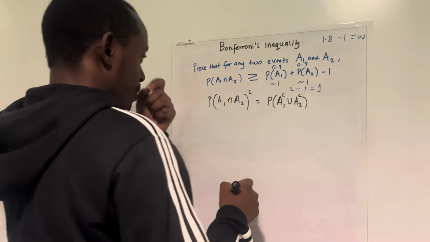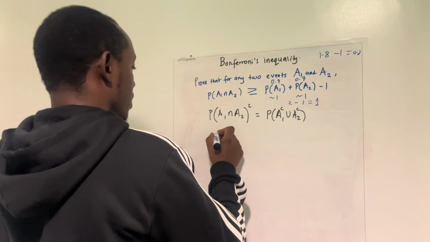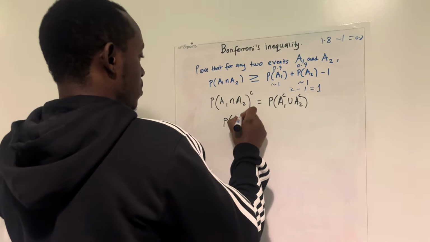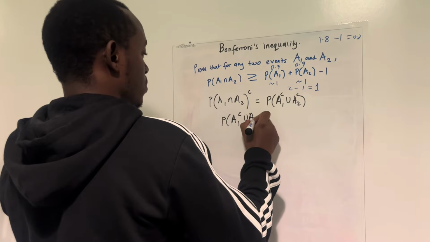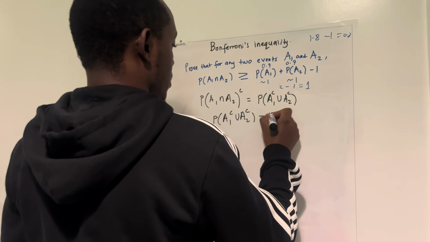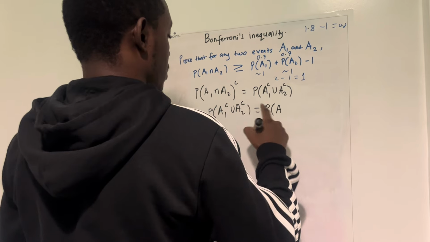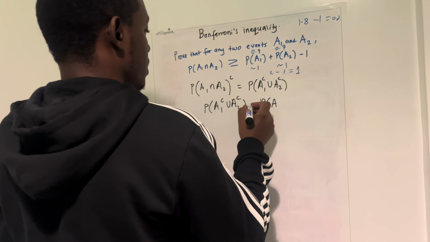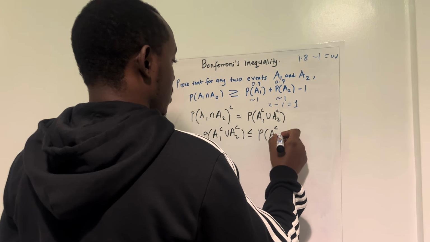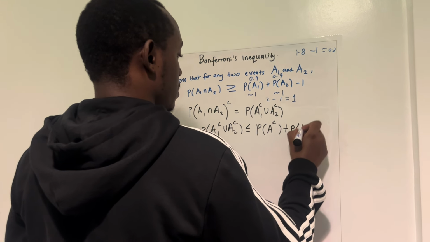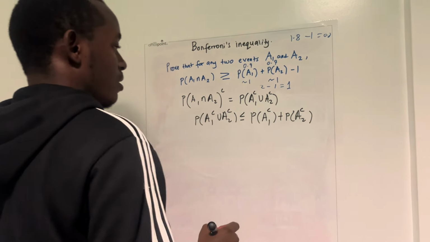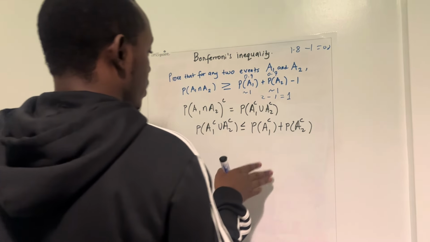But we know that if you have a union of two events, the probability of A1 complement union A2 complement is not going to be equal to, it's going to be less than or equal to the probability of A1 complement plus the probability of A2 complement. So that's where the inequality comes from.